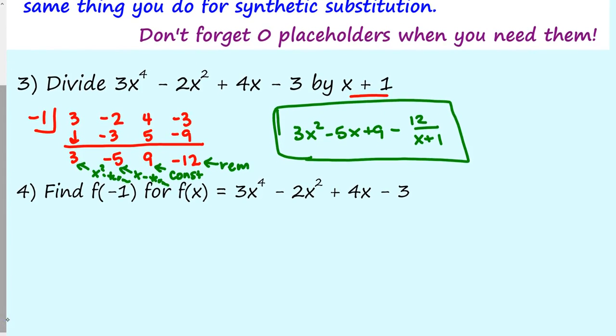Let's do this problem. This one is not a division problem. This is find a function value. Okay, so remember synthetic substitution. If you're finding f of negative 1, you put negative 1 in the box, and then the coefficients of the polynomial go in a row. Notice I'm using the same polynomial that I used on number 3, so obviously we're going to get the same thing.